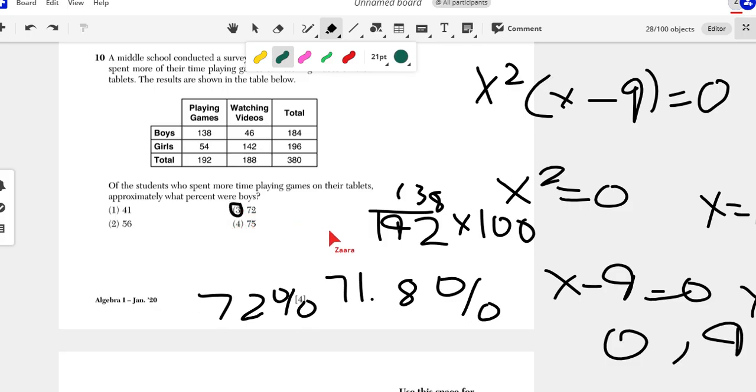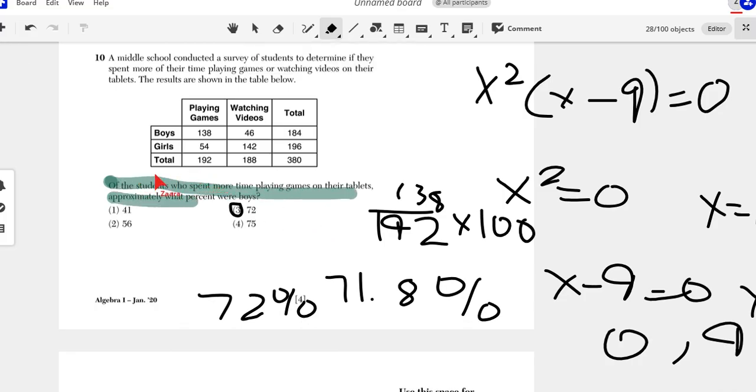Can you please read this part again? I need more explanation on this. Why divided it with 192? Why not with 380? I didn't divide it with 380 because that's the total of watching videos and playing games. It only asks for playing games on their tablets.